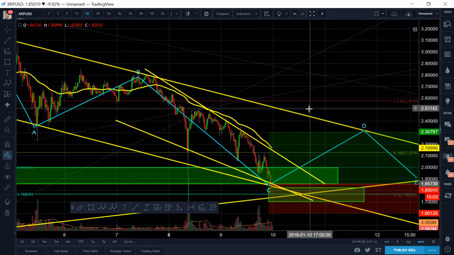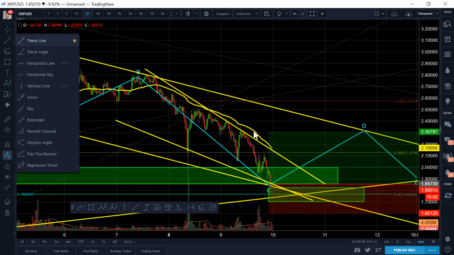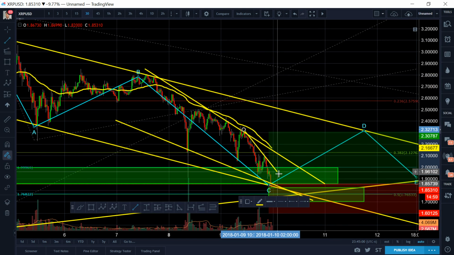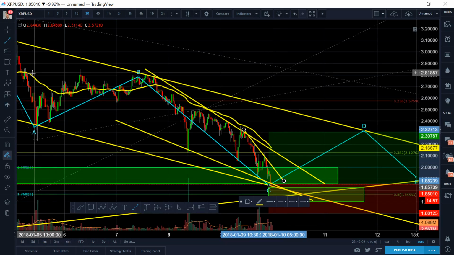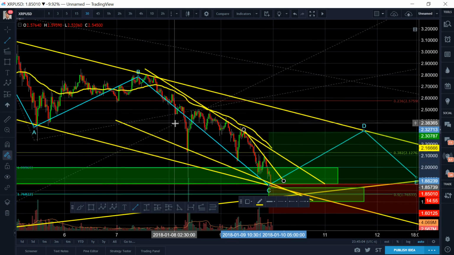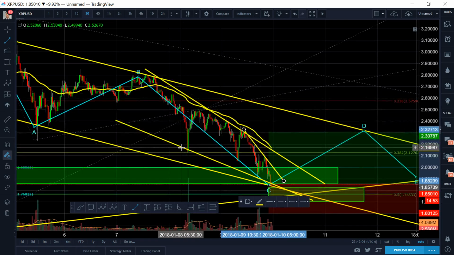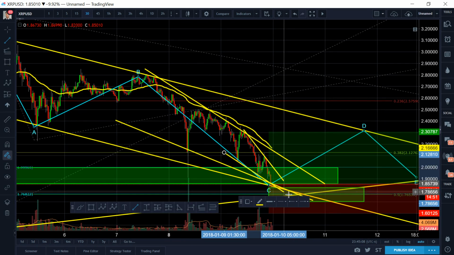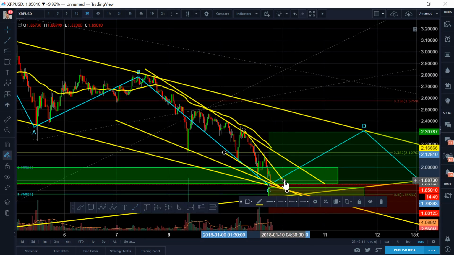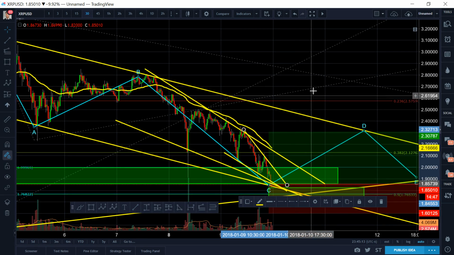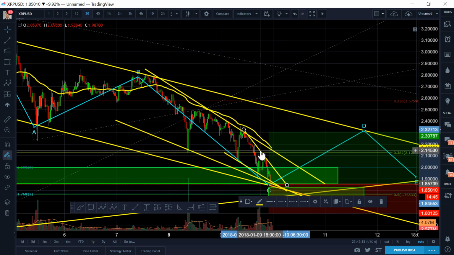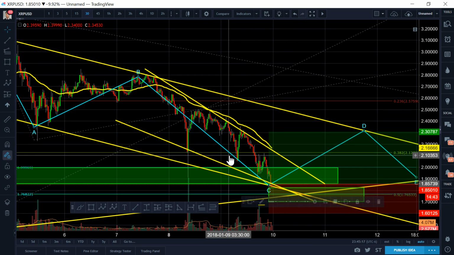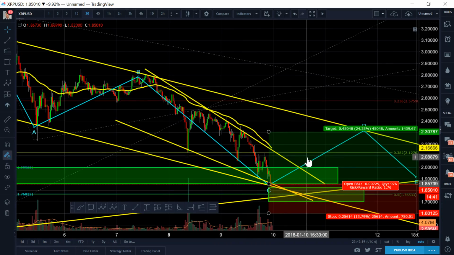This is the one wedge that's forming immediately, in the immediate term, because we're getting a wedge inside of a wedge, remember? So this is like wedging into that area right now, and there's a lot of pressure for it to break out to the upside, and that is what I'm hoping for, guys.